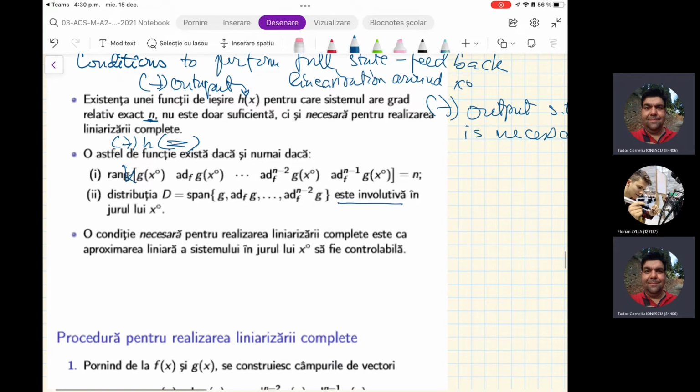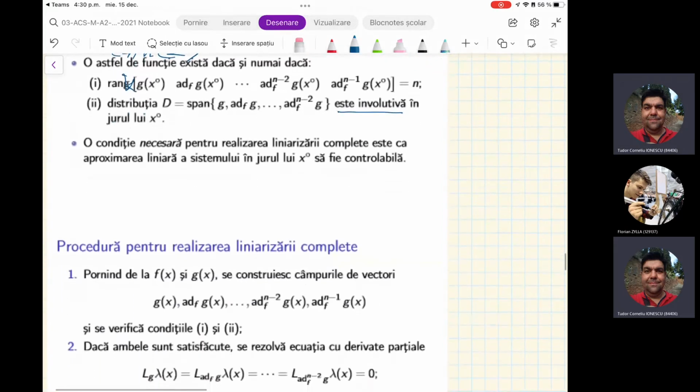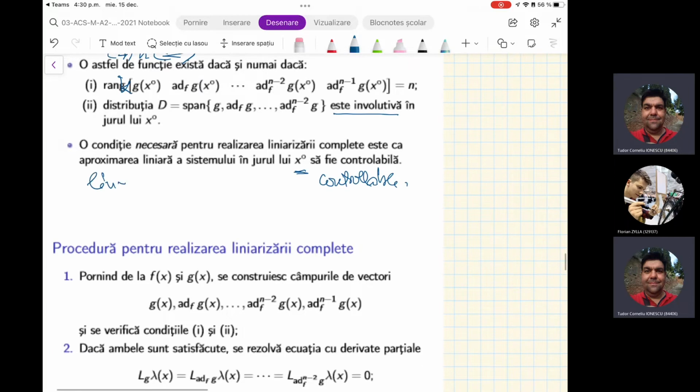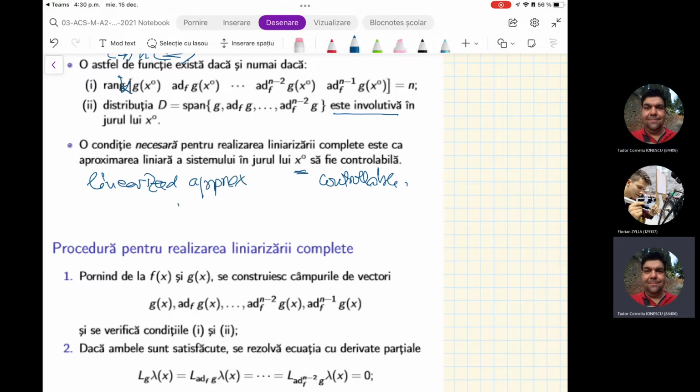around x naught. A necessary condition for full state feedback linearization is that the linearized approximation around x naught is controllable.